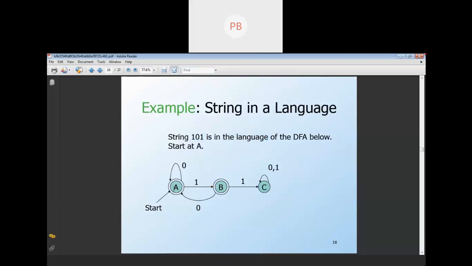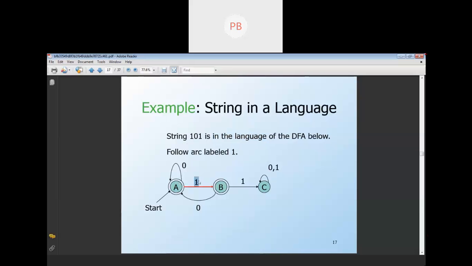The string is 101. We have to determine whether this string, which is defined by a particular language, is acceptable by the DFA or not. Suppose we start from A with 101.